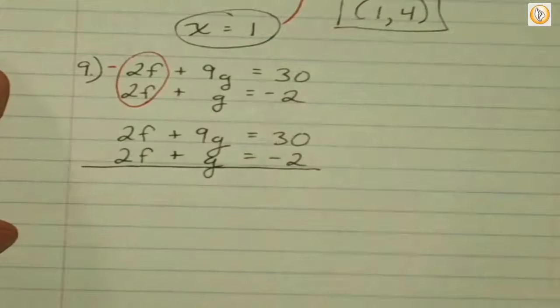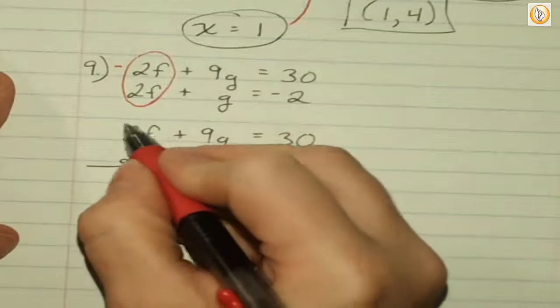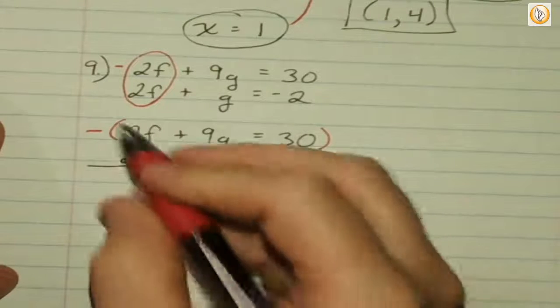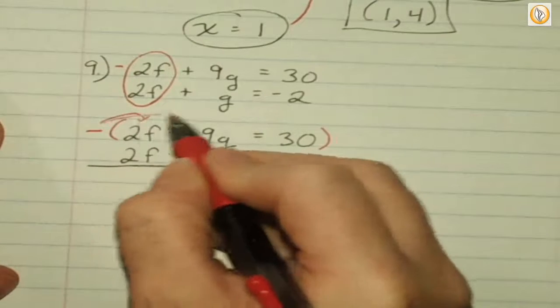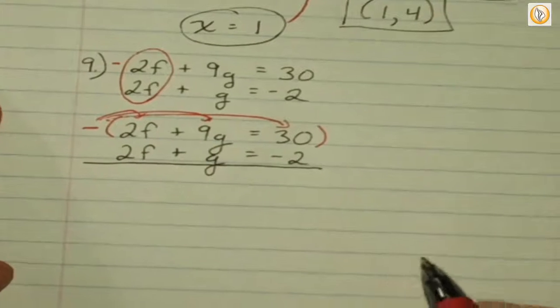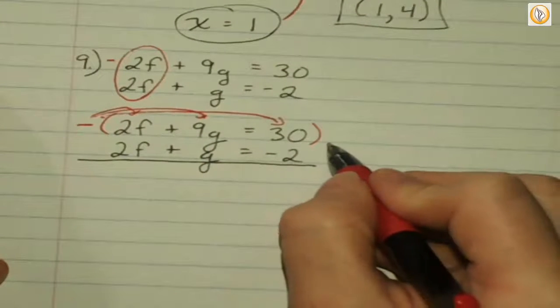He said put it in parentheses, stick a negative out there. He's correct. Now, by way of distributive property, we're going to apply it to everything in that equation.